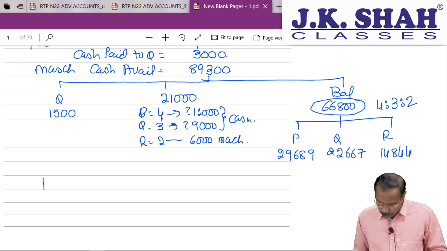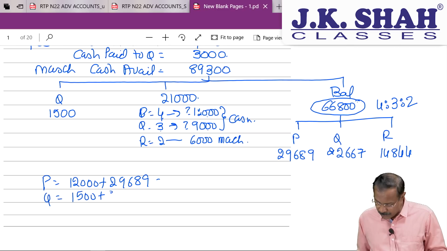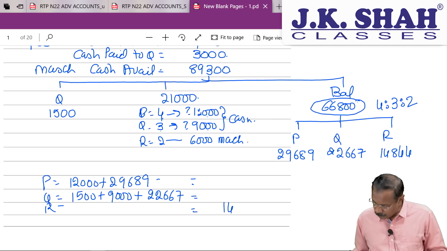So P will get in all how much? 12,000 plus 29,689. Q will get how much? 1,500 plus 9,000 plus 22,667, and R gets only 14,844.